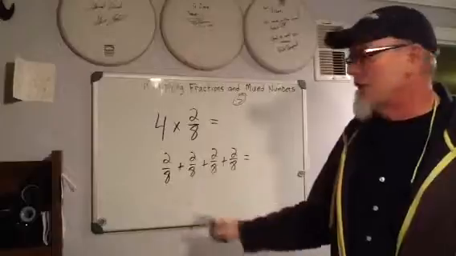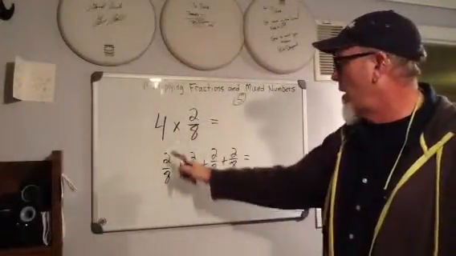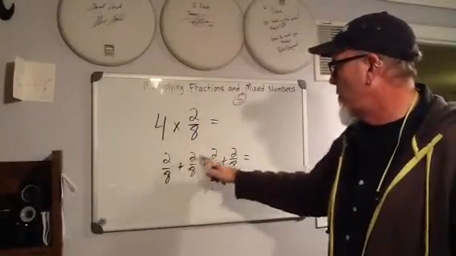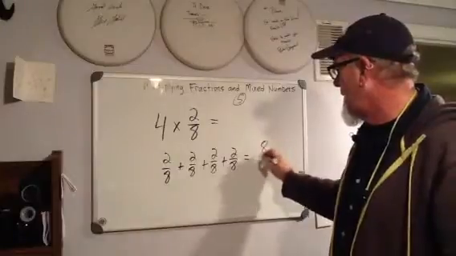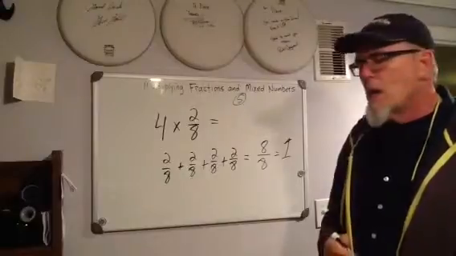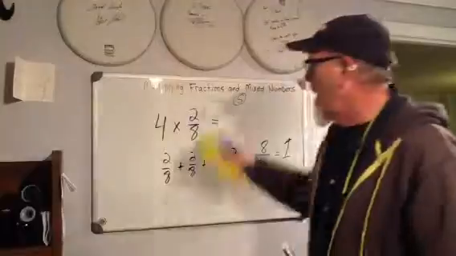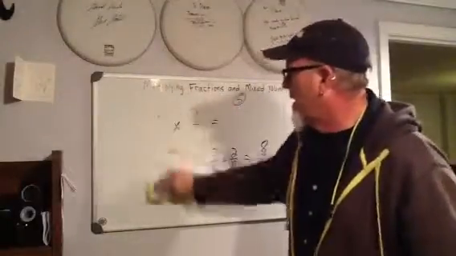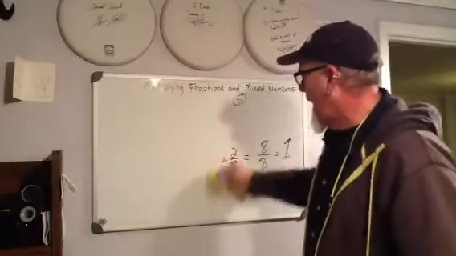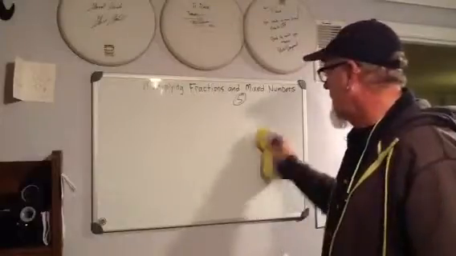In other words, repeated addition. 1, 2, 3, 4. 4 times 2/8. We have 4 2/8 here. 2, 4, 6, 8. 8 eighths. And of course we know that that equals 1. So this is really easy. It's not a difficult thing to do. It's just multiplying the whole number by the numerator, and as always our denominator stays the same.